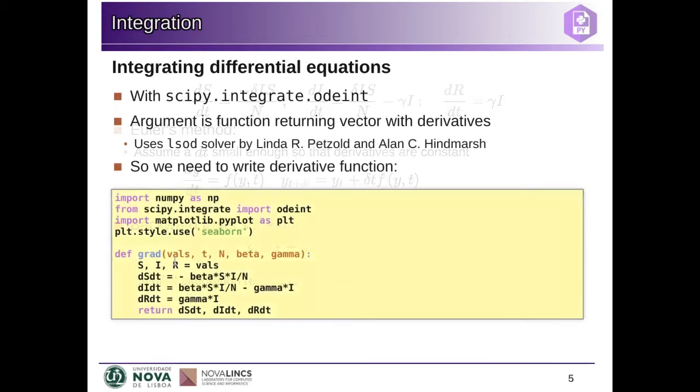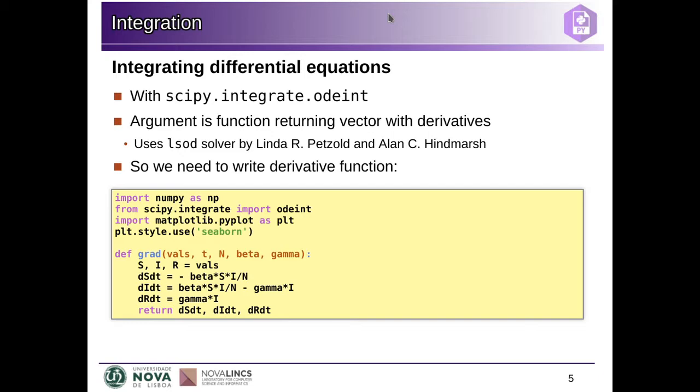Then we have the same thing for I. So this is just the symmetrical of that one, minus gamma I, because these are the ones that recover at each time step, and the recovered is just gamma I. So these 3 values, the S dt, the I dt, and the R dt, are the derivatives with respect to time of all these SIR variables, and we return the 3 of them. So we receive the 3 and we return the 3 derivatives in the same order.